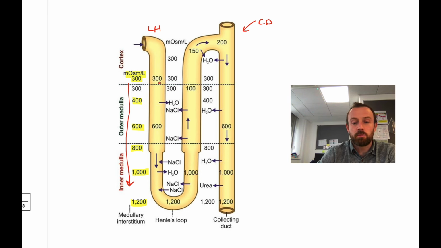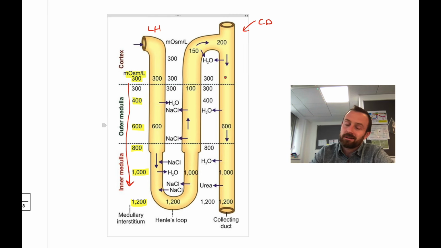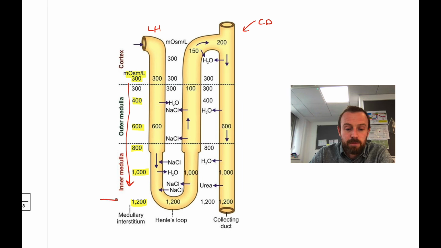And that's because the loop of Henle acts as what's called a hairpin countercurrent multiplier system. Basically, it makes things salty, and the longer the loop of Henle, the more salty it can make this space outside, down in the medulla. It's called the medullary interstitium. So we get more saltiness here.